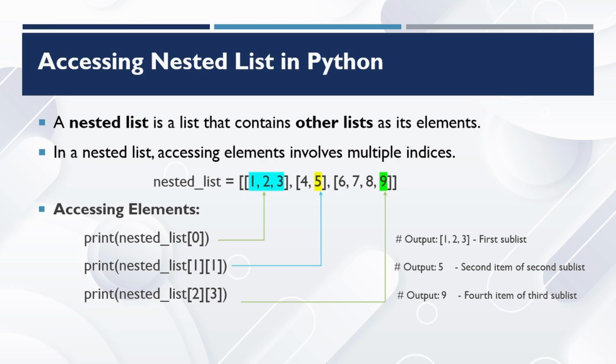To access elements, we use multiple indices, one for the outer list and one for the inner list. Now, nested_list[0] refers to the first sublist, which is [1, 2, 3]. nested_list[1][1] accesses the second item in the second sublist, which is 5.